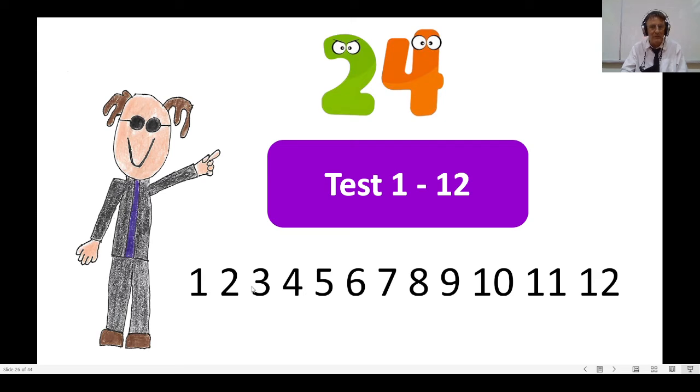That means 1, 2, 3, 4, 5, 6, 7, 8, 9, 10, 11, 12. All of them. Although you don't really need to test 1 because 1 will divide into any number. Agree? 24 can be divided by 1, and the answer is 24.